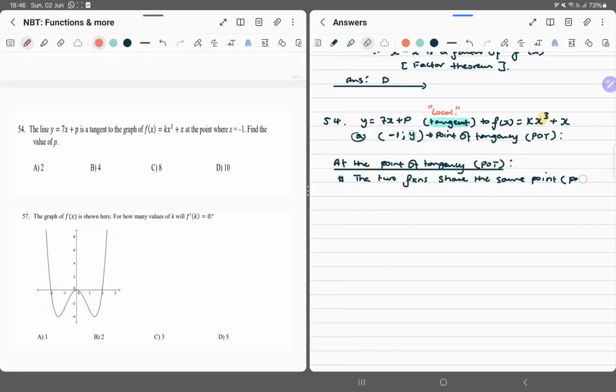Whatever you say, guys, if it is something unusual, please introduce it nicely in an understandable manner before you use it. So they share the same point.